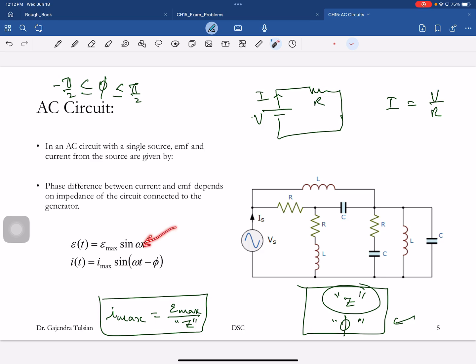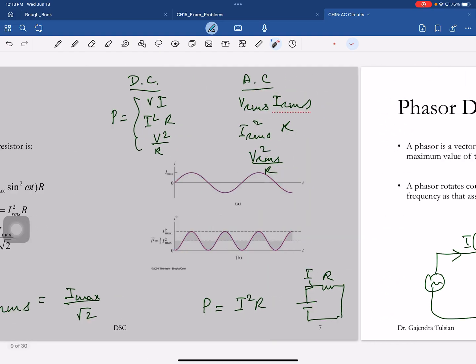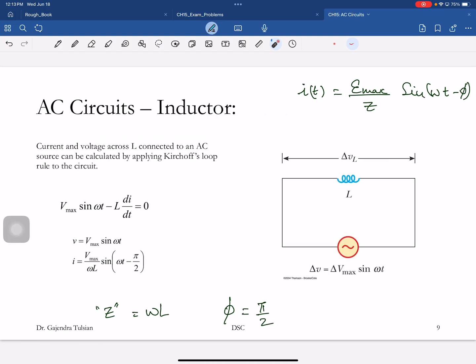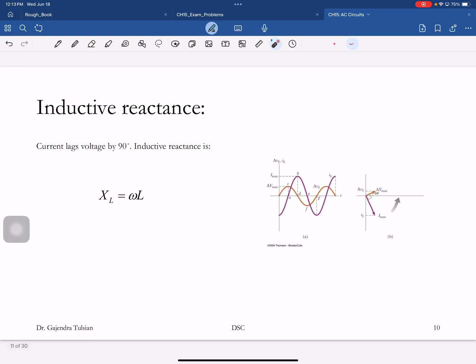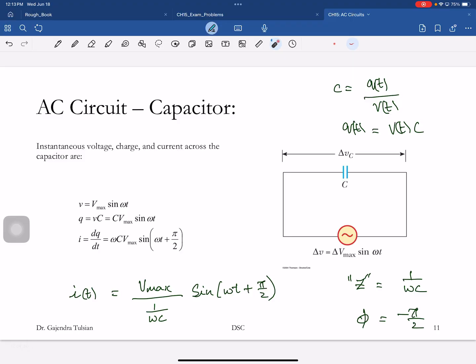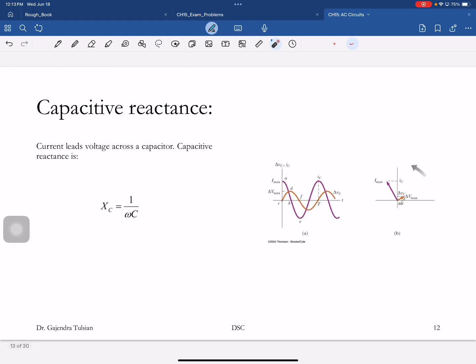Here's the voltage, here's the cause, here's the effect. You would think that the effect would follow the cause. So that's why we wrote it as minus phi. This fellow is strange. This guy is leading the current by pi by 2. All right, so that's why we had defined it like that.